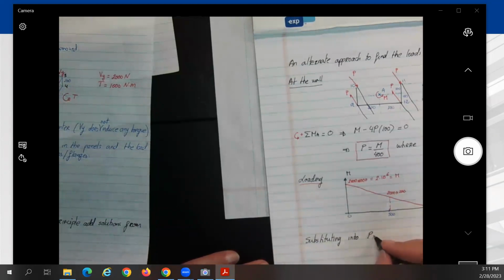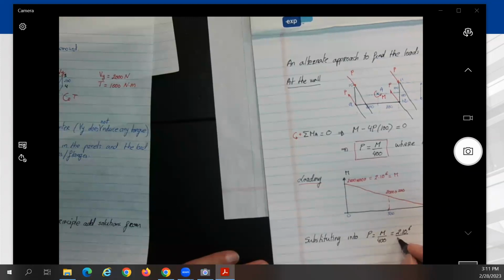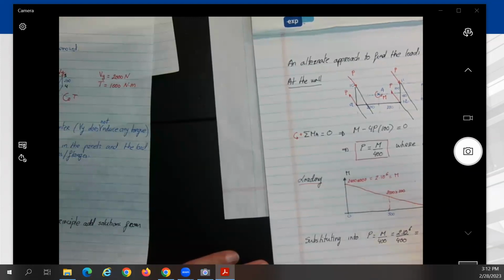So it will be P equal to M divided by 400, which will be 2 times 10 to the 6 divided by 400, which, if we did everything right, should be equal to what? 5,000 newtons, no? I'm pretty sure, I mean, 20 divided by 4 is 5. It will be 5 times 10 to the, so 0.5 times 10 to the 4, which is 5,000, no?